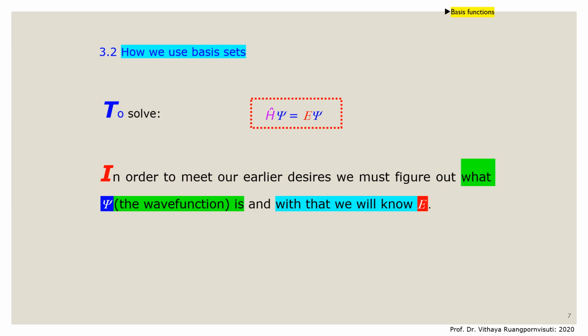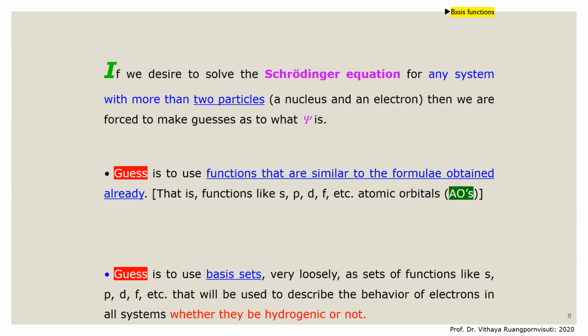Hamiltonian H acting on wave function psi gives the energy E. In order to meet our earlier desire, we must figure out what the wave function psi is, and then we can obtain the energy E. If we desire to solve the Schrödinger equation for any system with more than two particles, such as a nucleus and an electron, we are forced to make guesses as to what the wave function psi is.